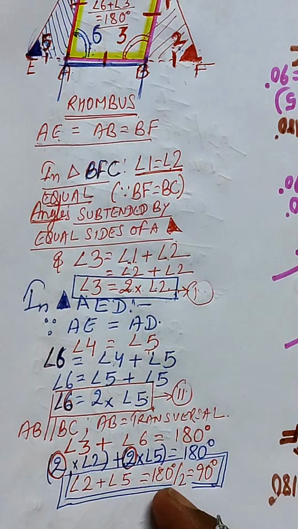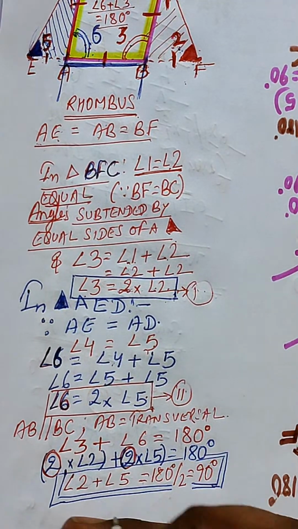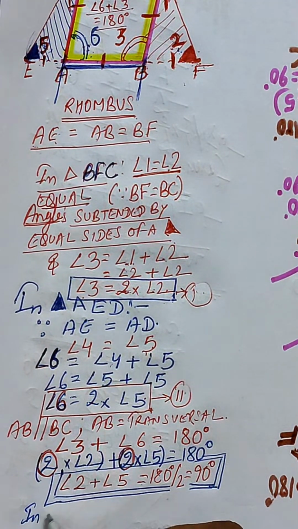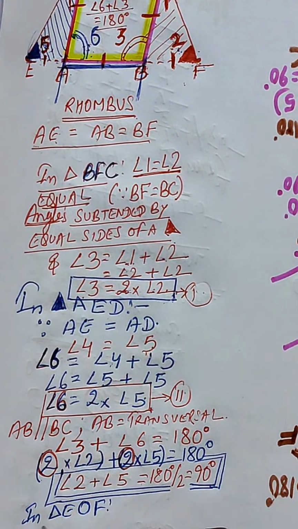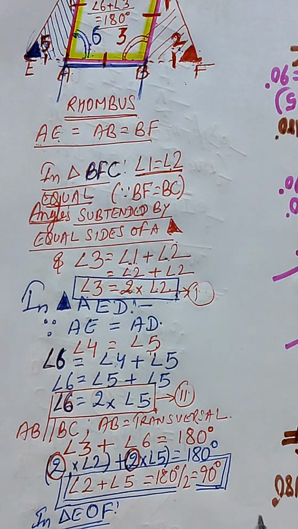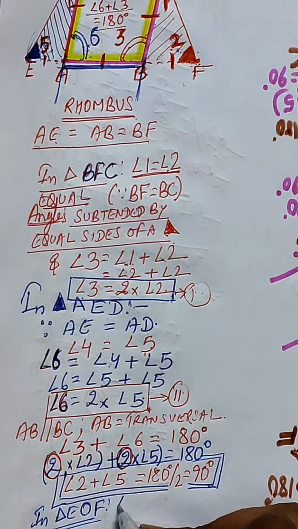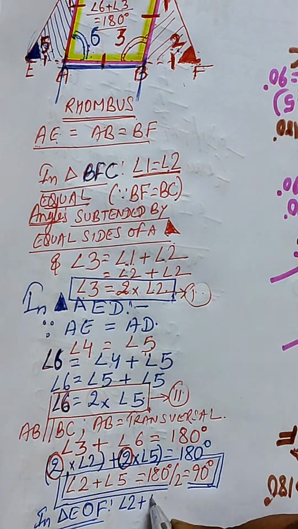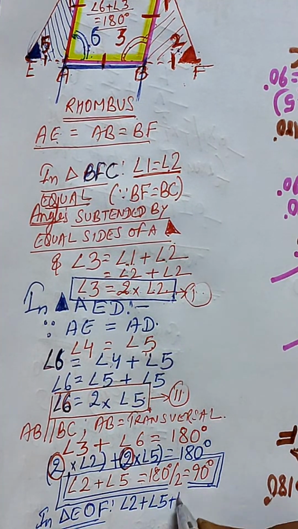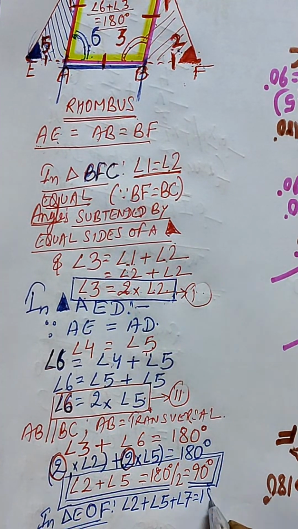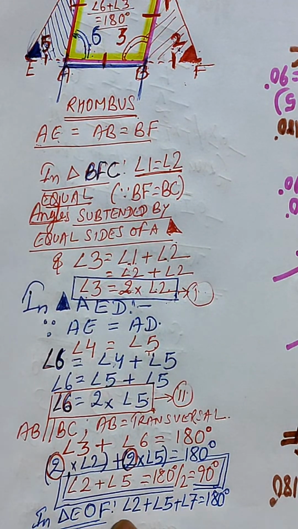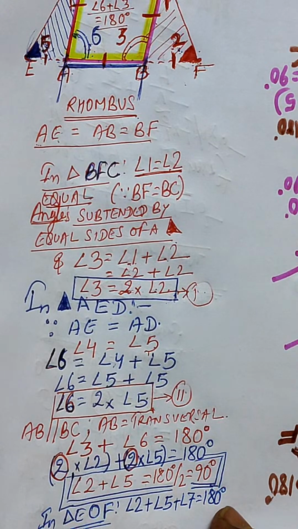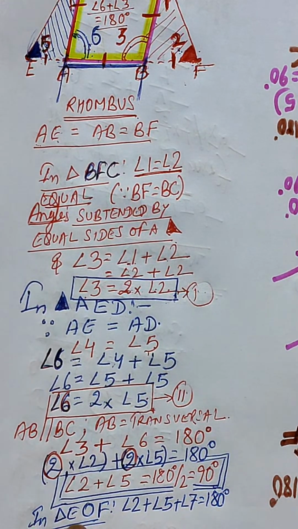Since 2 plus 5 is 90 degrees, in triangle EOF, angle 2 plus angle 5 plus angle 7 is equal to 180 degrees, right? The sum of all angles of any triangle. And that triangle over here is triangle EOF.